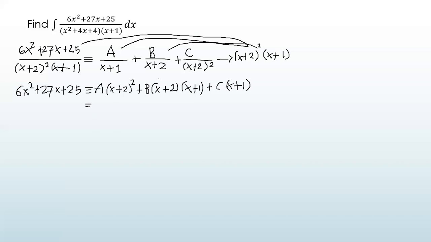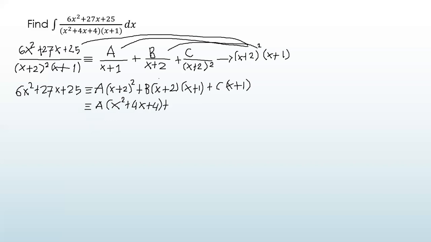Now we are going to expand. Expand x plus 2 squared, which is x squared plus 4x plus 4.